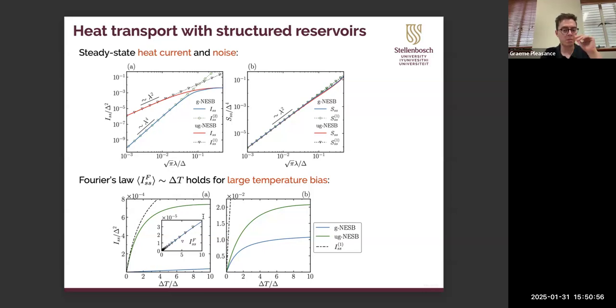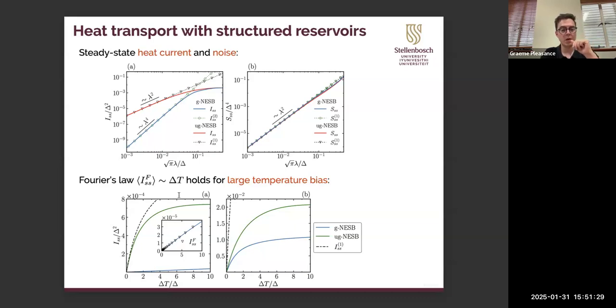What is also perhaps interesting is that from linear response theory, you can show that if these two reservoirs are only slightly out of equilibrium with each other, so if this temperature difference, delta T, the difference in the temperatures of the two reservoirs, is small, you expect the steady state heat current to obey Fourier's law, which essentially tells you that this steady state heat current should scale linearly in the temperature difference.